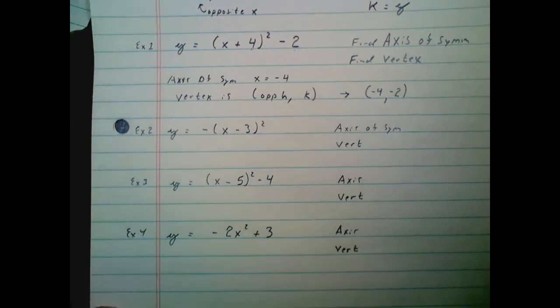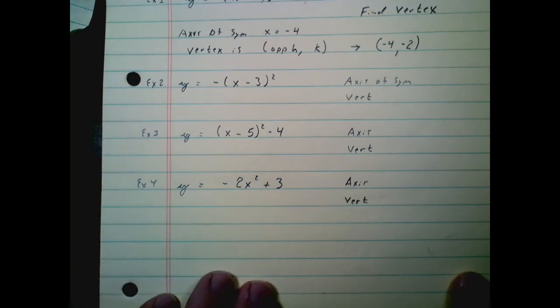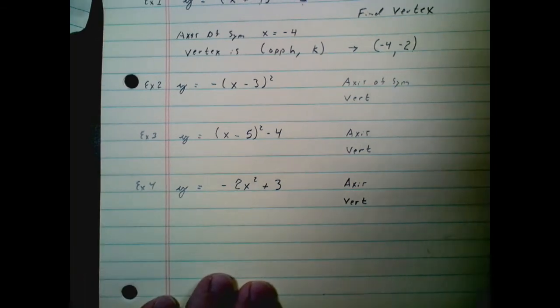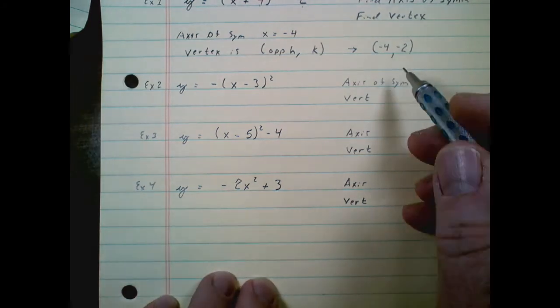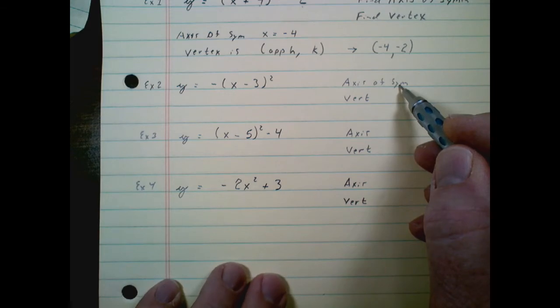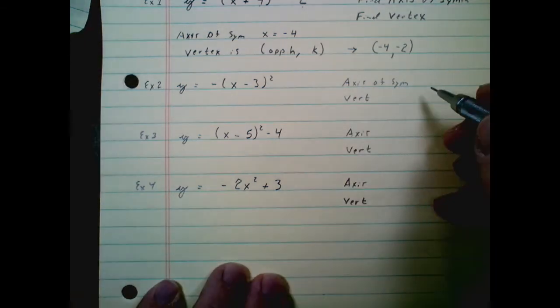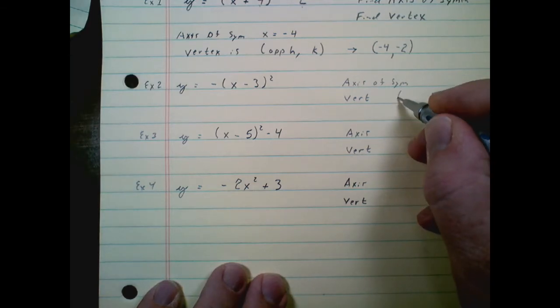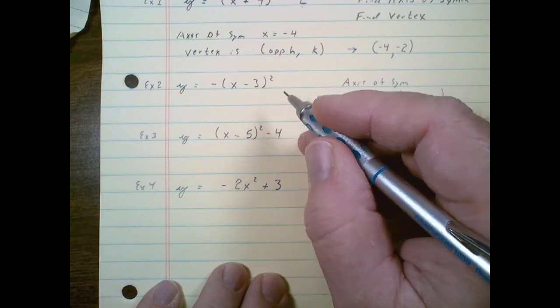Okay, here are our next 3 problems we're going to work. So if you want to pause the video right now and write those down, you can. All right, so we need the axis of symmetry, okay? I don't see a plus anything here, so it looks like my vertex is going to have a 0 in it because it's not there.